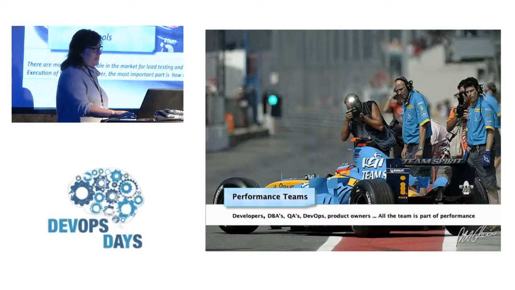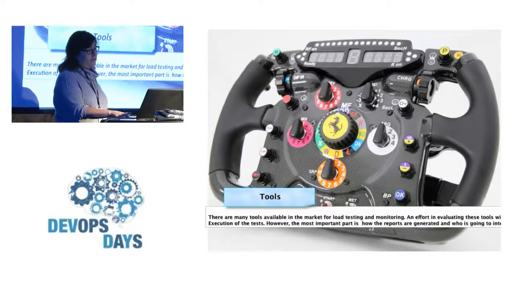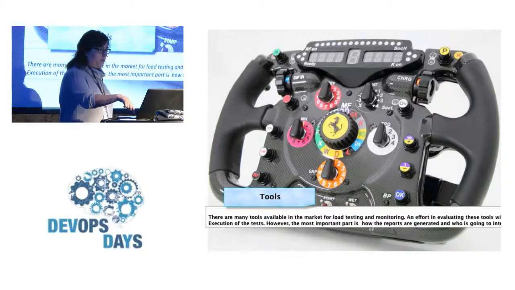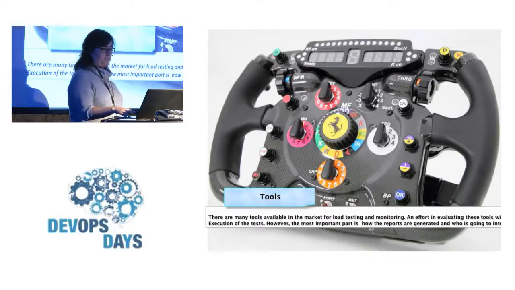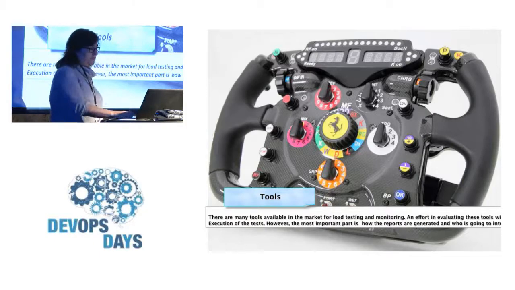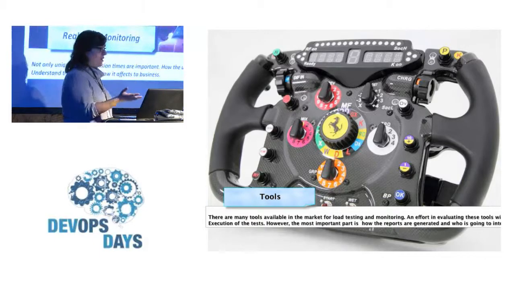We have really many tools, and these kinds of tools are available in the market. They are commercial. They are as well open source. And you always have to check whether they fit your necessities or not, and if all the people involved in the platform can benefit from that tool. Of course, we have real user monitoring.